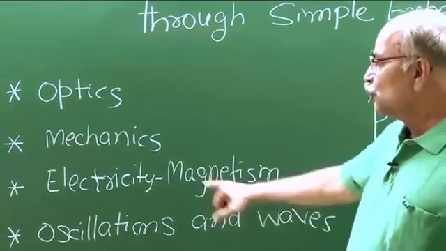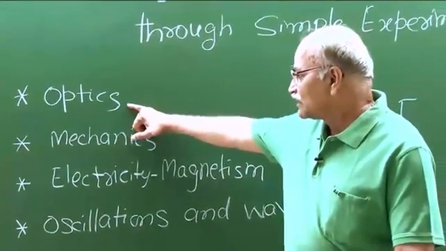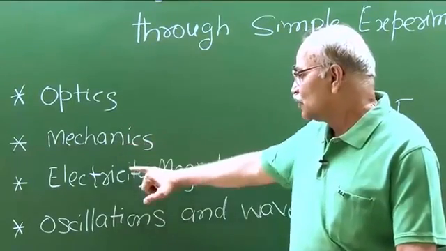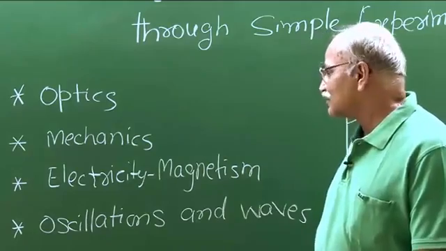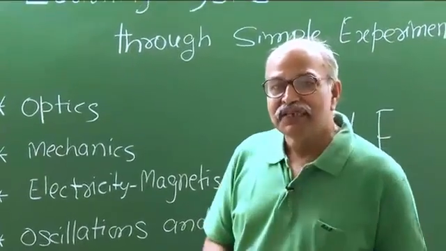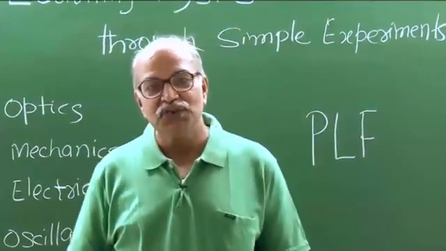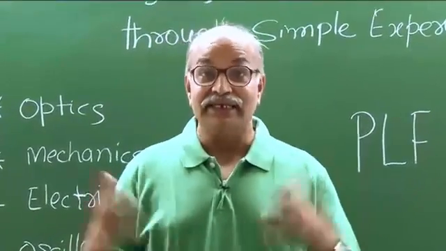So, roughly 2 weeks on optics, 2 weeks on mechanics, 2 weeks on electricity and magnetism, and 2 weeks on oscillations and waves. We will start with our first module, that is optics, light.